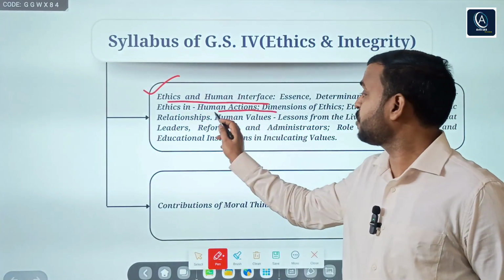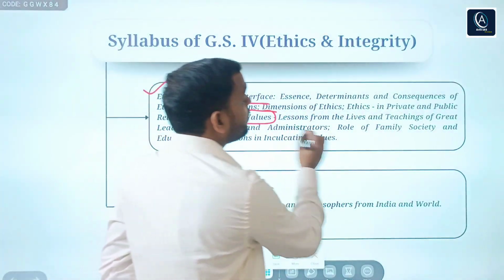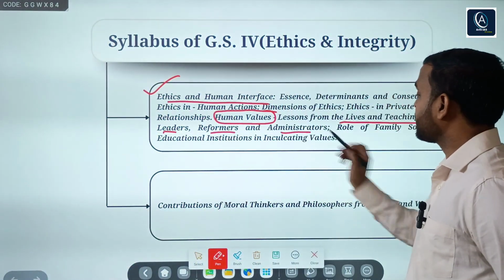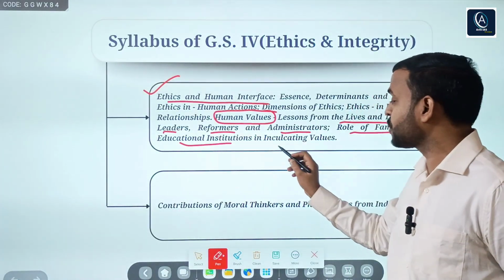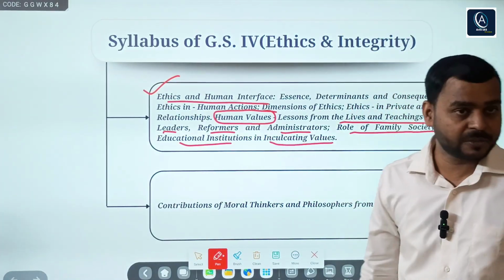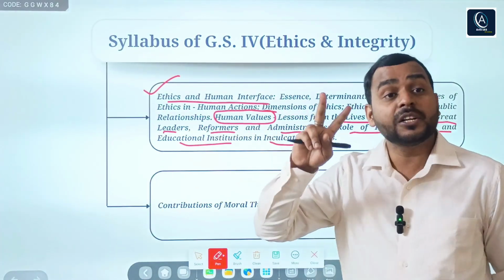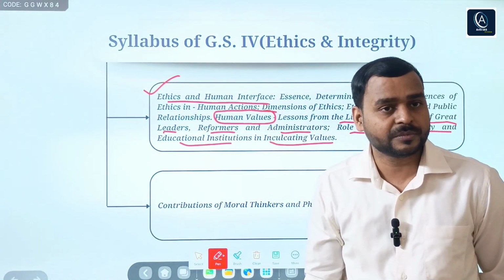Apart from that, you will study about human values: lessons from lives and teachings of great leaders, reformers, administrators; role of family, society, and educational institutions in inculcating values. So mainly this topic is categorized into 2 subtopics, ethics and human values.